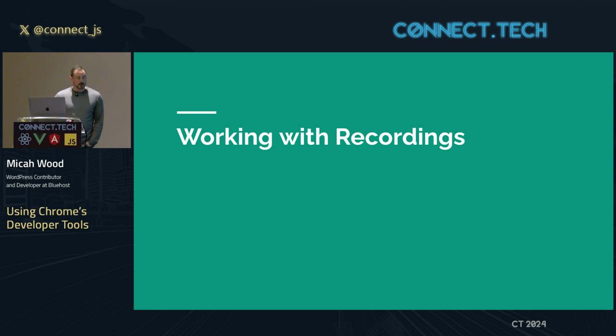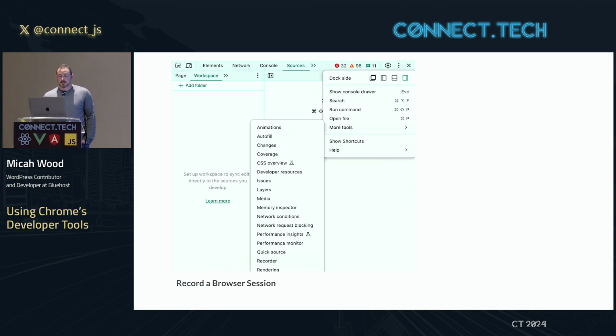And then we have recordings. So with recordings, you can go into your more tools, and I guess the highlighting is not great here, but there's a recorder option, and you can pull up the recorder tab, which is, I think, maybe not an experiment anymore.